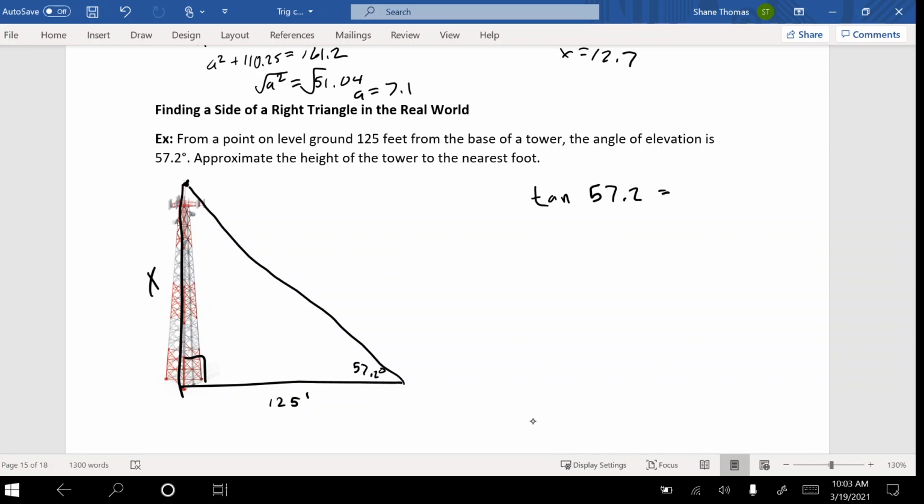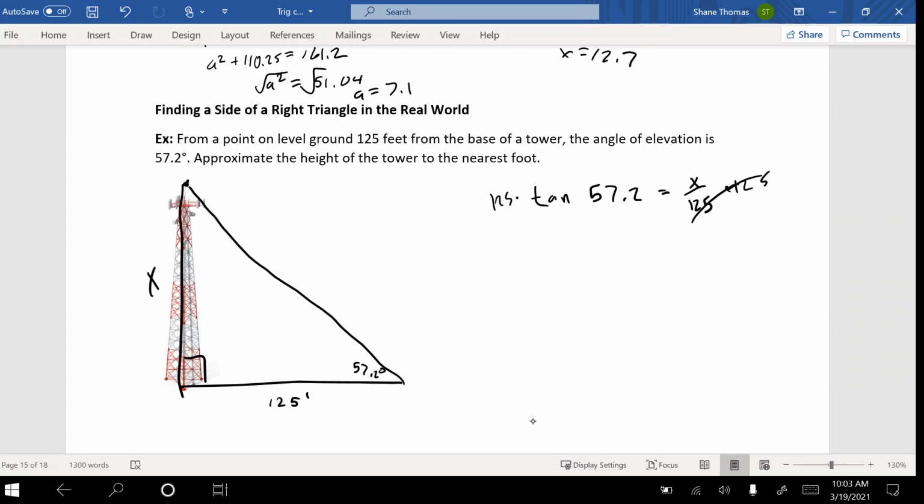Tangent is opposite over adjacent or adjacent over opposite? Opposite over adjacent. So what's my ratio here going to be then? X over 125. Good. So to solve for x, what do I need to do to both sides? Multiply by 125. Correct. That's gone.